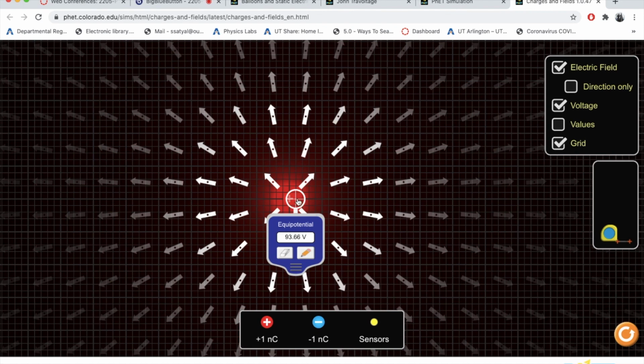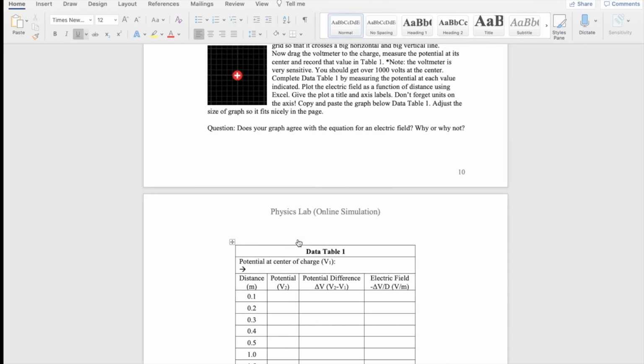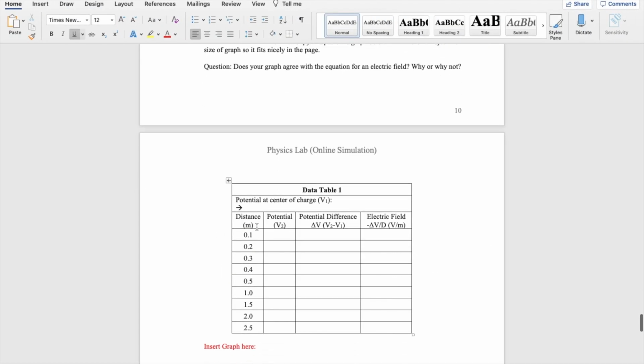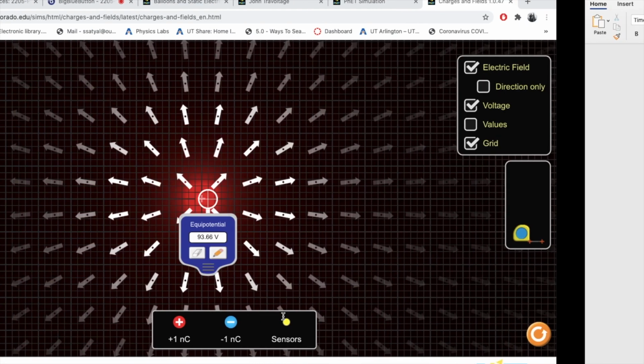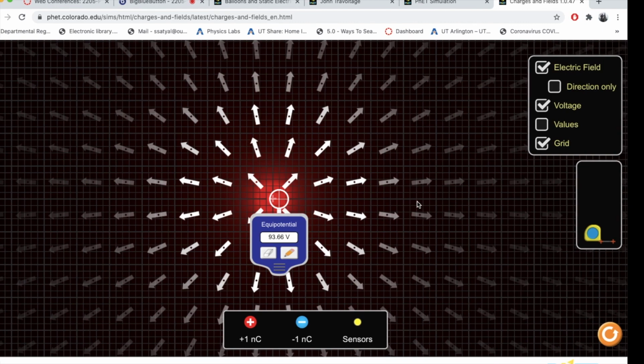The potential difference between these 2 points is 93 volts. So this is at the center, call that V1, and as I go to the right, I increase that distance up to 2.5 meters, where each small division is 0.1 meters. You measure the potential up to 2.5 meters.